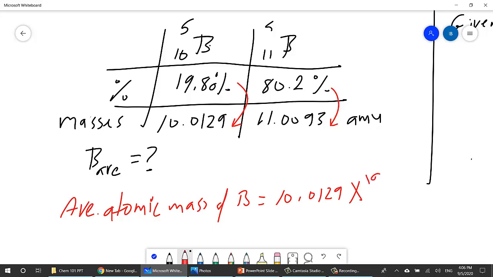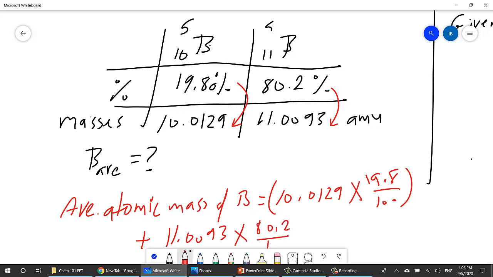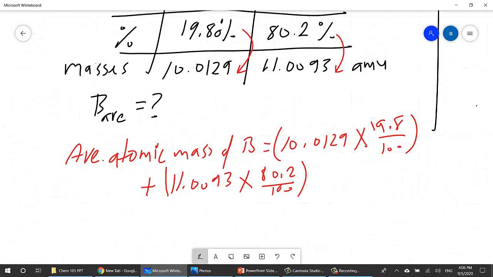So 19.8 divided by 100, plus the other one, 11.0093 AMU, times the percentage, which is 80.2 divided by 100, and you close the bracket. You can do this math, and you obtain a number of 10.812 AMU.